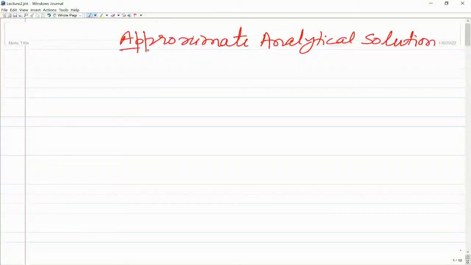So this is what we were discussing. So I had said that the four steps. So first step was to assume an approximate solution.